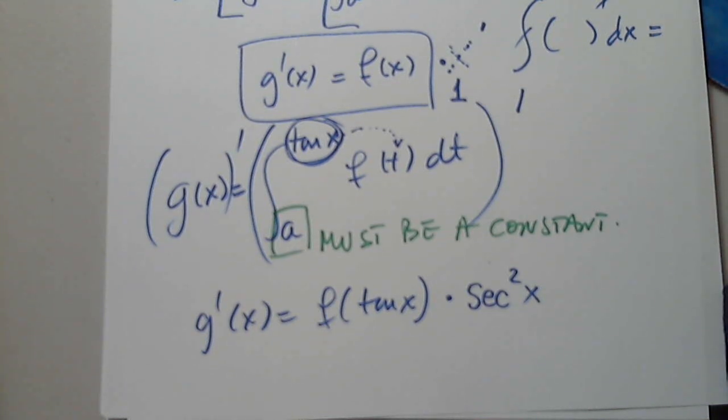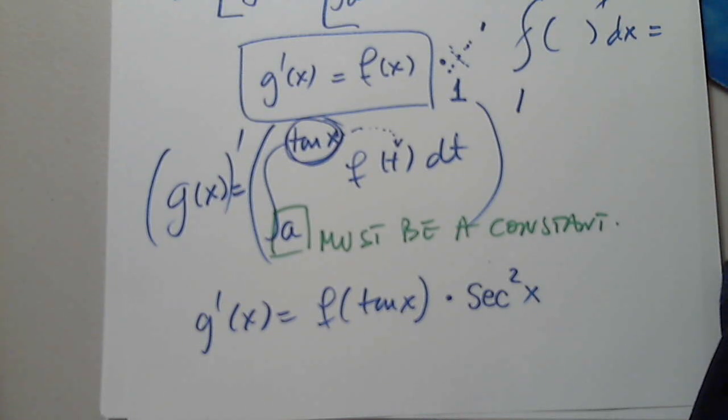Okay, here it is, 5.3. Use the fundamental theorem of calculus, part 1, to find the derivative of the function. So from 9 through 20. Lucky number 8?